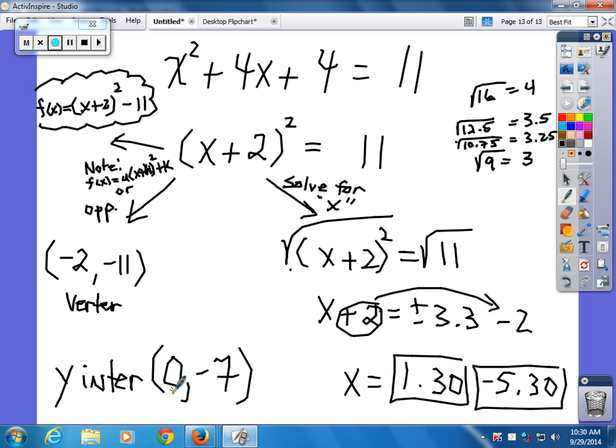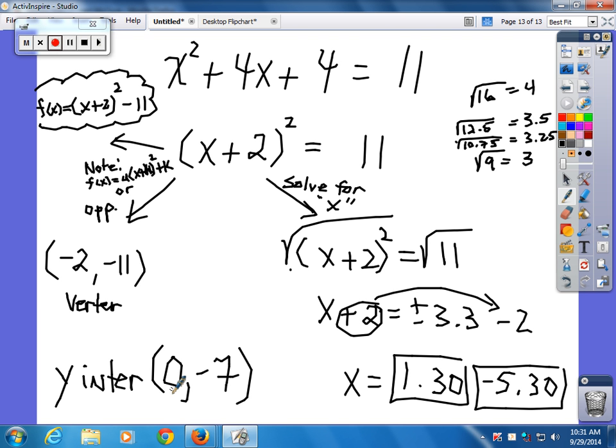So now sketch it. Now, I will tell you this. Sometimes they do not want the answer this way. This is approximate. You need to write that down. The directions in the book, the directions online, the directions on the test may ask for an exact answer. Exact means use the radical.